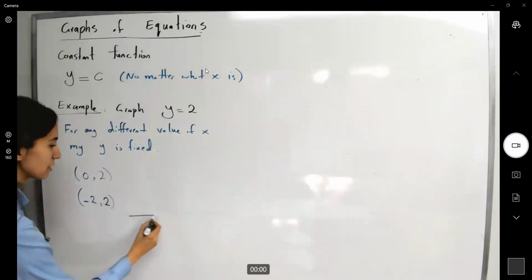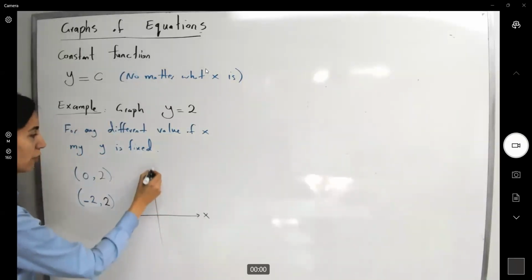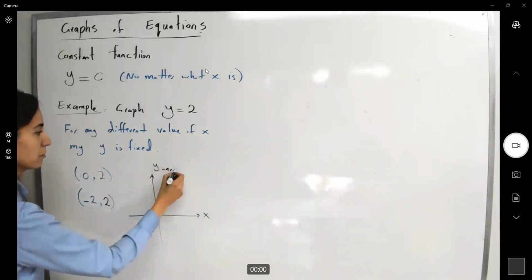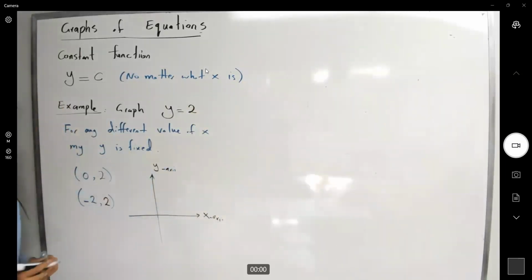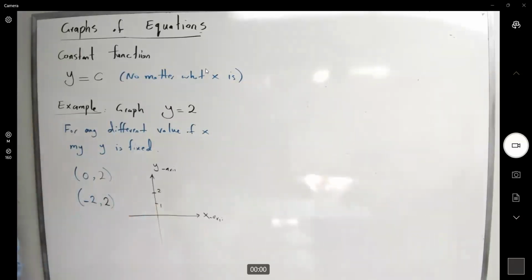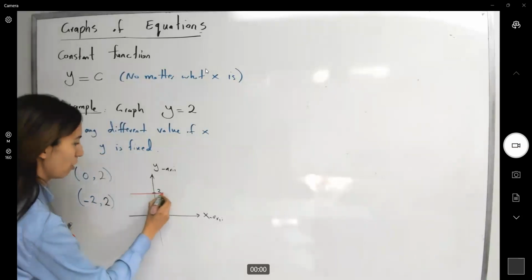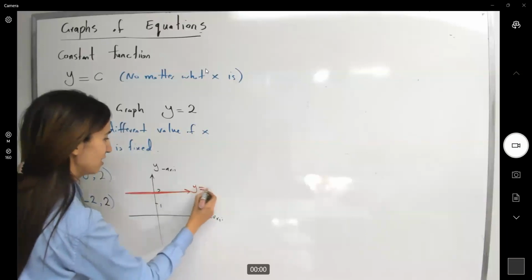Here I have my x-axis, and here I have my y-axis. My y is always 2. So the graph is going to be y equals 2.